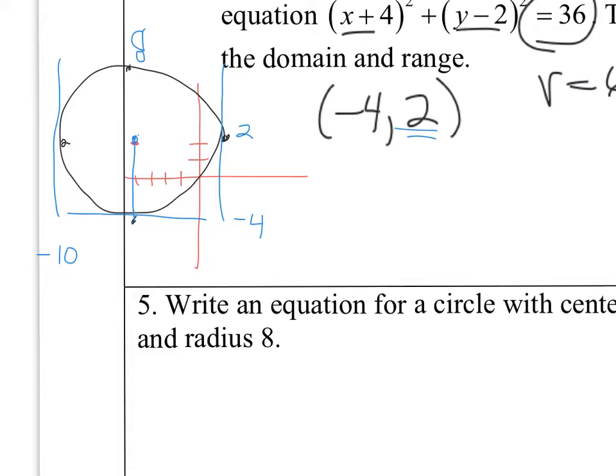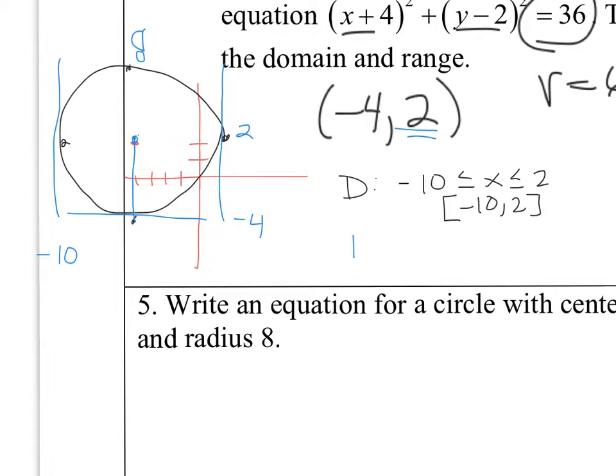So the domain is all x numbers left and right. You could write it as an inequality, like this, or you could write it in interval notation, like this.